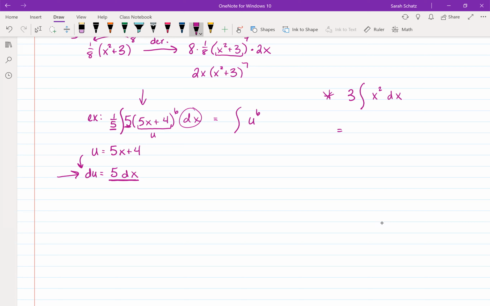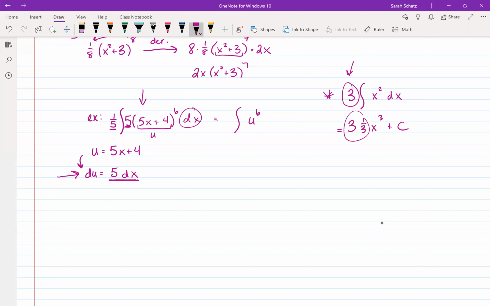So when I did this, I would just bring down the 3, and then I would do the antiderivative, and then these would just end up multiplying together. So anytime you have a number on the outside, it's just going to get multiplied by whatever your antiderivative is when you take it. You don't take the antiderivative of that because it's not part of that symbol, but it just comes along. It's basically a coefficient, right?